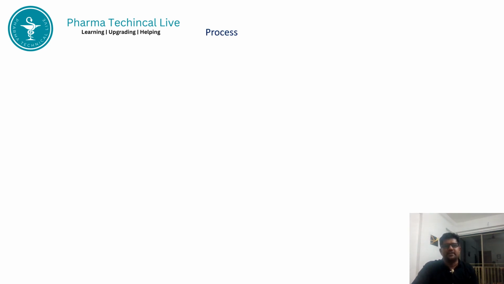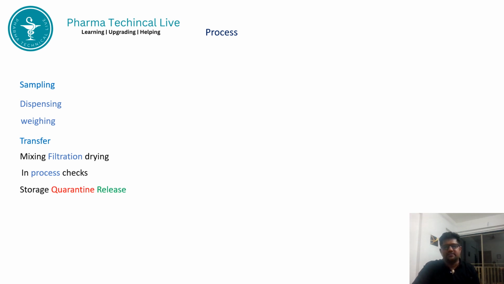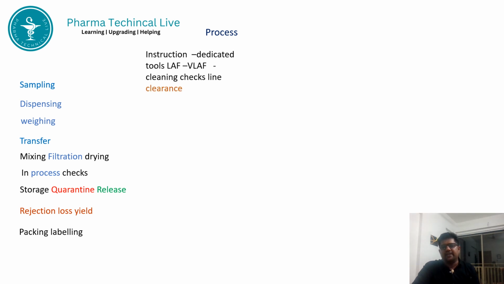Another source of contamination is the process. The process itself can contaminate the product, like sampling, dispensing, weighing, transfer, mixing and filtration, drying, in process checks, storage, quarantine and release, rejection, loss, handling, packing, labeling.